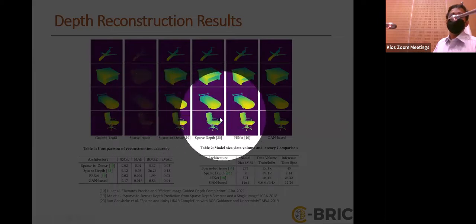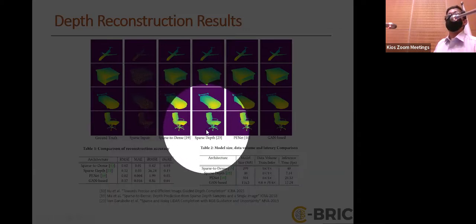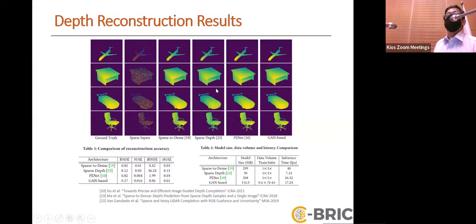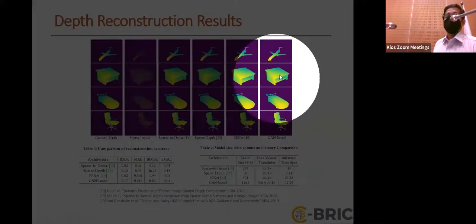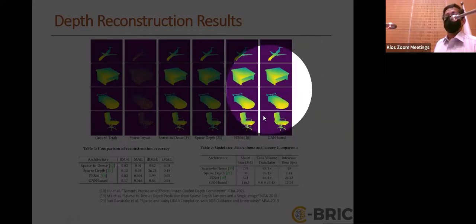And these three are prior techniques that essentially require a fusion of RGB and the sparse depth, right? These were all based on the notion that you had some RGB data. And our work was one of the first.